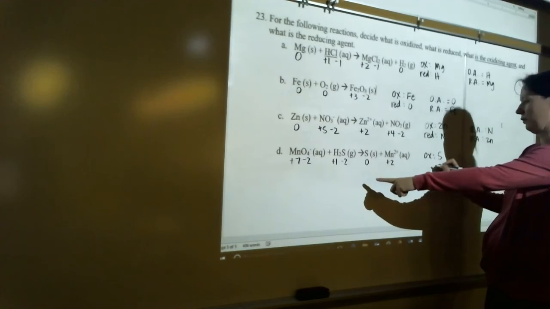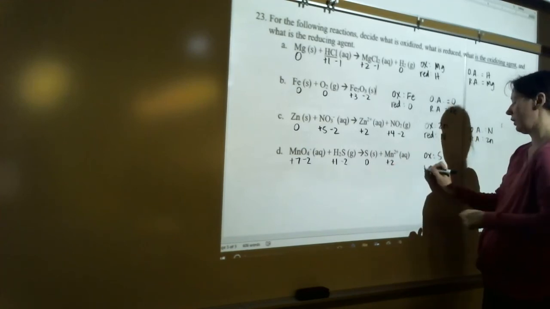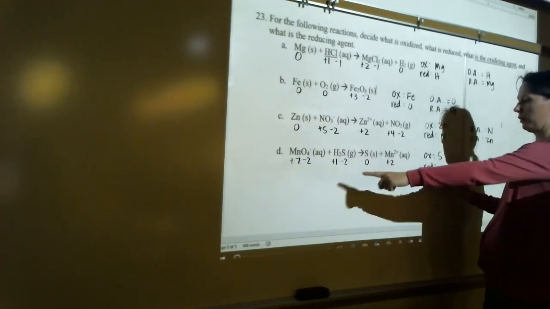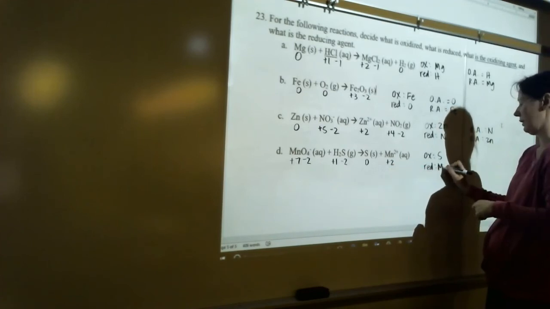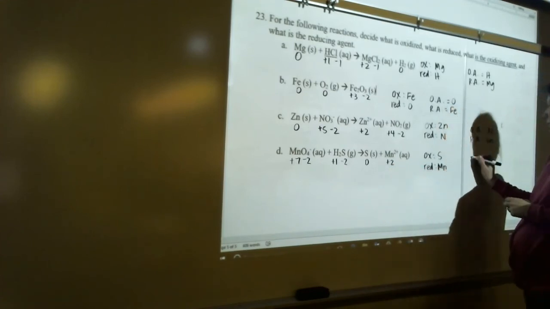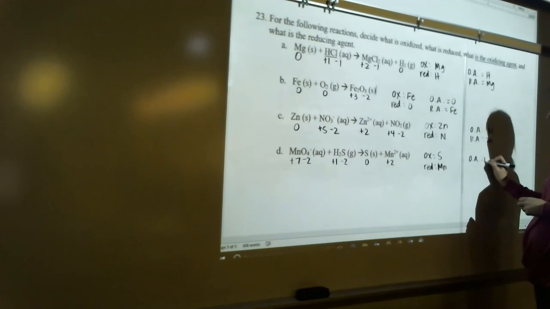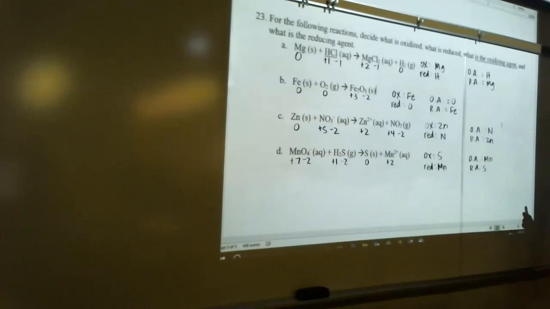Sulfur. Sorry, it took me a second to find it. And then what got reduced? That'd be plus 7 to plus 2. That'd be manganese. And then what's the oxidizing agent? That'd be manganese. What's the reducing agent? That would be sulfur. Do we agree on number D?